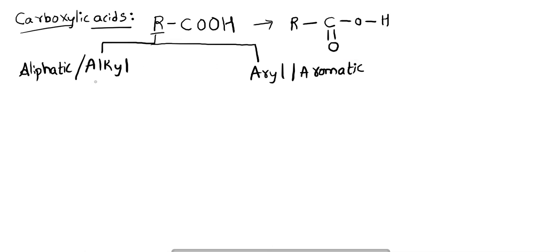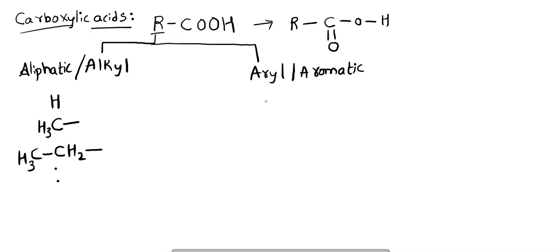Alkyl groups or aliphatic groups means this R can be a single hydrogen, it can be one carbon with three hydrogens, it can be two carbons with different numbers of hydrogen atoms, and so on. It may even be a branch also.